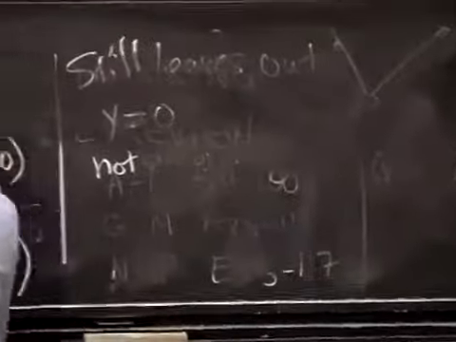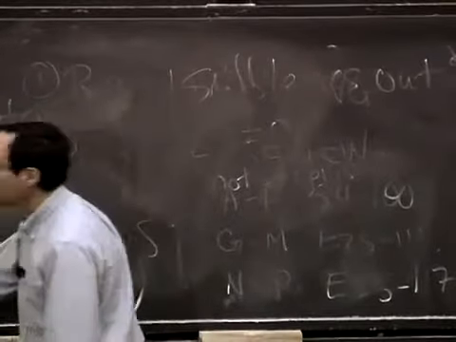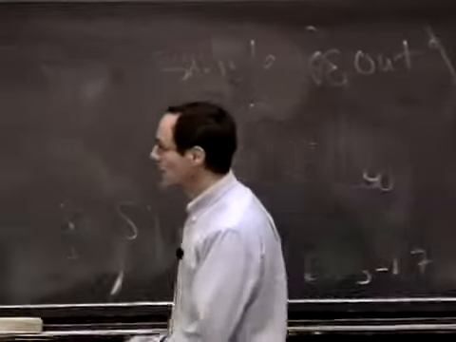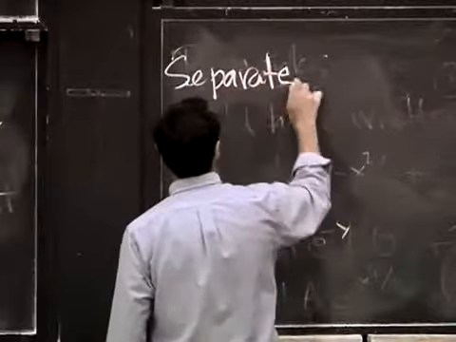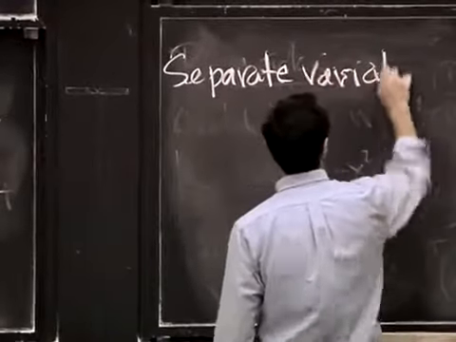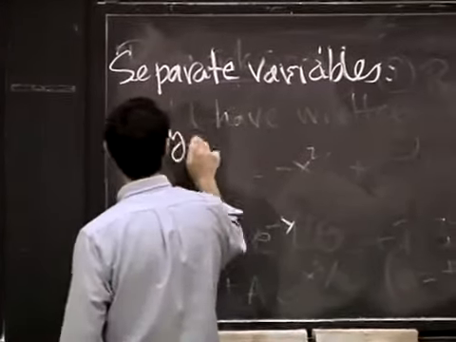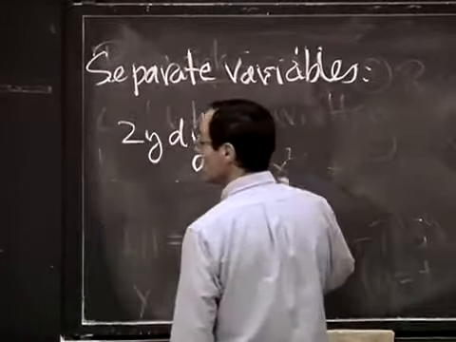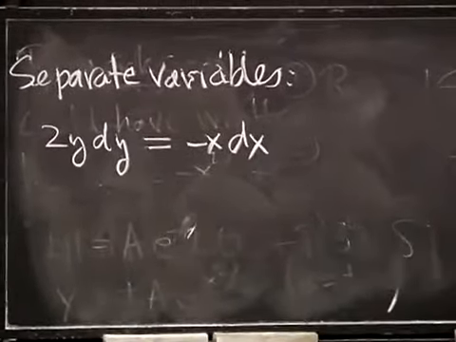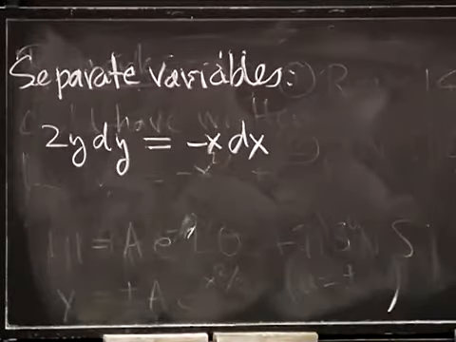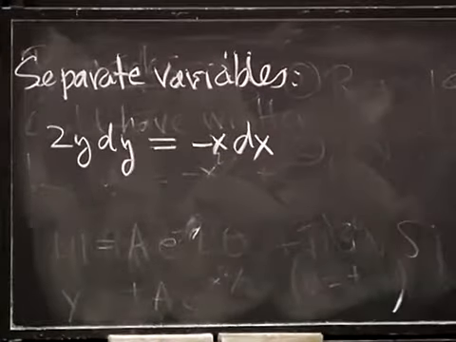And now I want to solve this one. Well, again, there's only one technique, which is we're going to separate variables. And we separate the differentials here, so we get 2y dy equals minus x dx. That's just looking at the equation that I have, dy dx is equal to minus x over 2y, and cross-multiplying to get this.